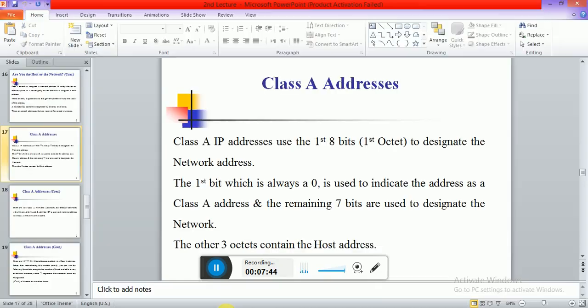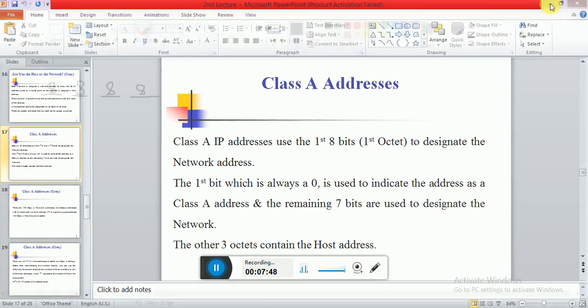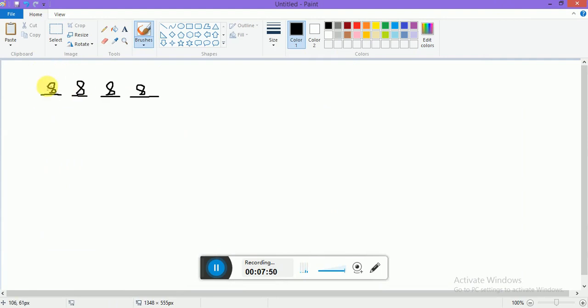Remember one thing, they used octets here. If you want to use octet for this, it's okay. If you want to use portion, it's okay. You can also call this portion a byte, because 1 byte is equal to 8 bits. So you can say a byte, a portion, or an octet, whatever you call it.